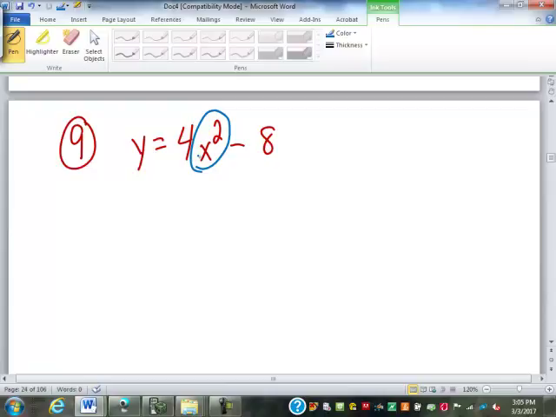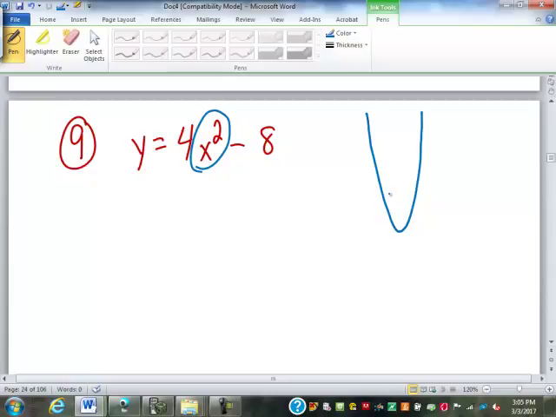Looking back at the examples we've done, which one of them, 1 through 10 here, also has an x squared in it? Number 3. Number 3, good. And what shape did number 3 make? That parabola, that funny U shape, like that.